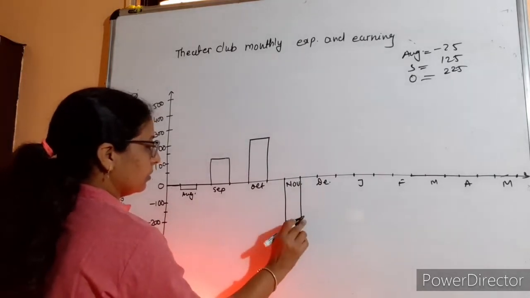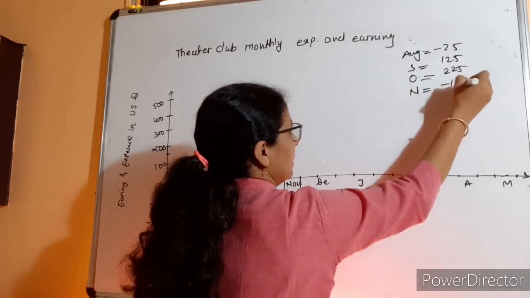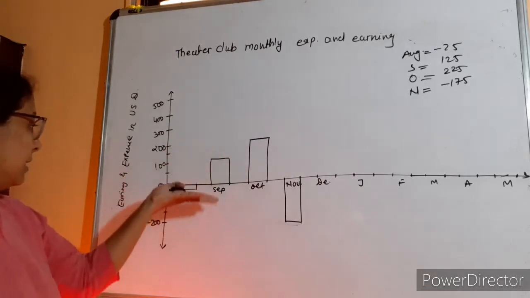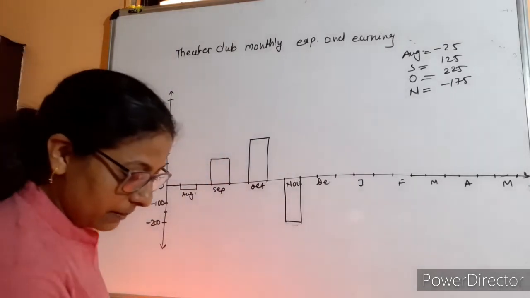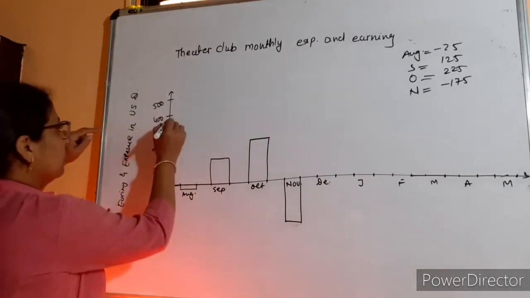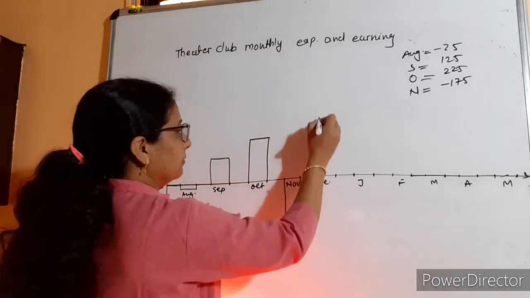It is minus 175 because expense is more than earning. No earning is there in November. In December it is 325. Here 350. So this is 325 in December.